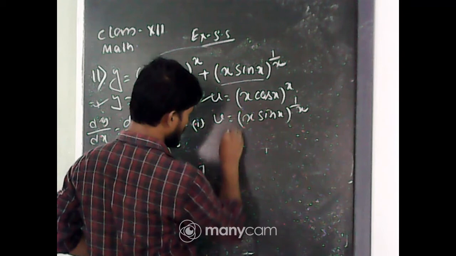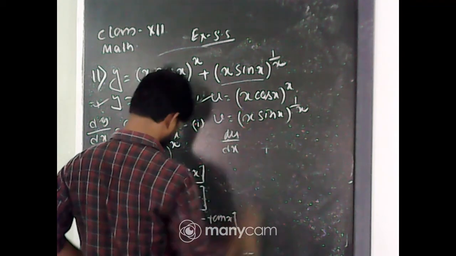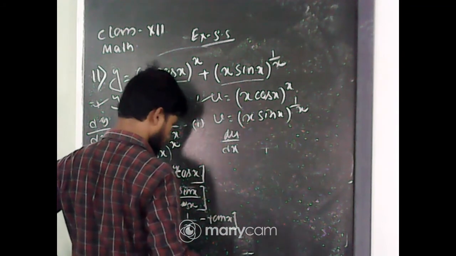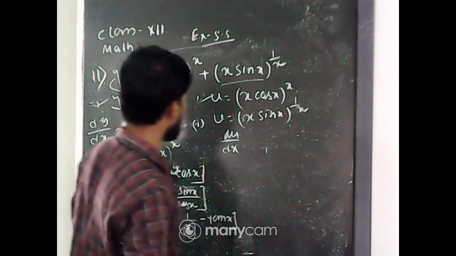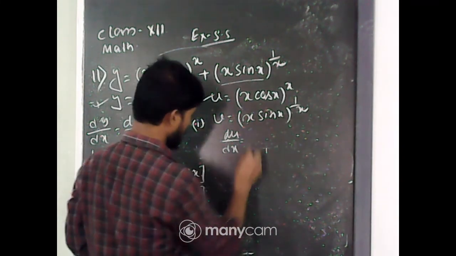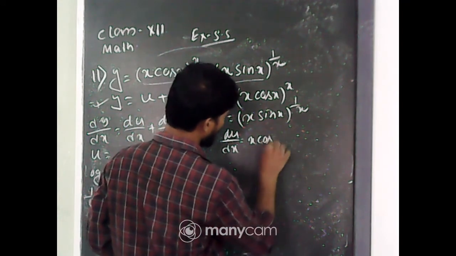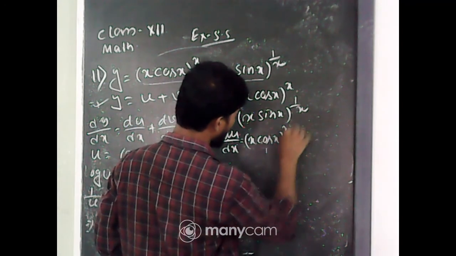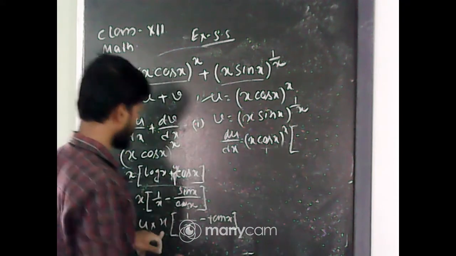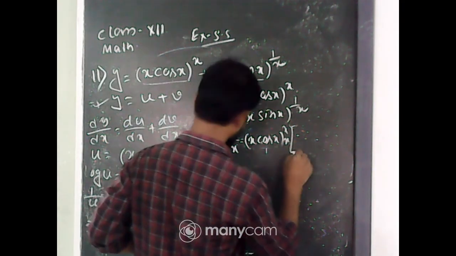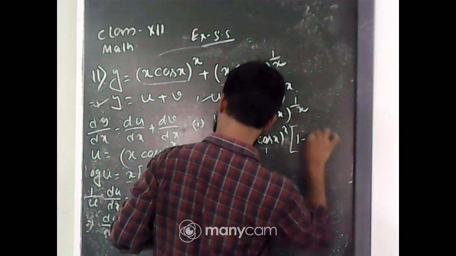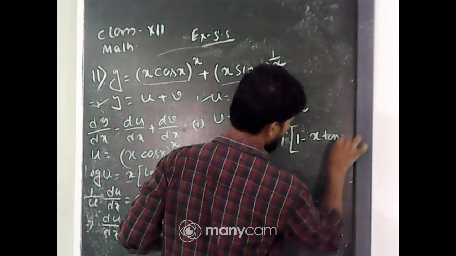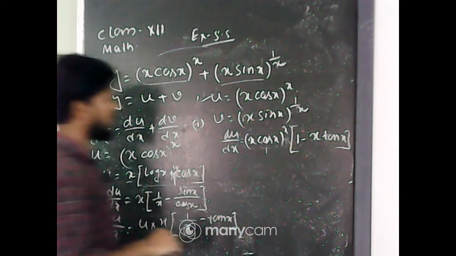So du/dx is equal to (x cos x) whole to the power x into (1 minus x tan x). So this is the value of du/dx.